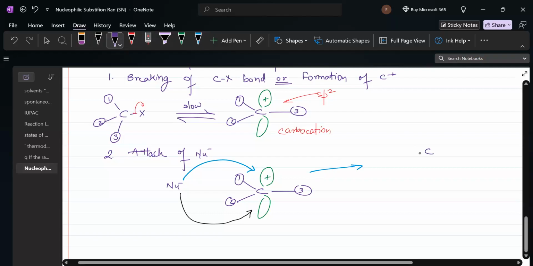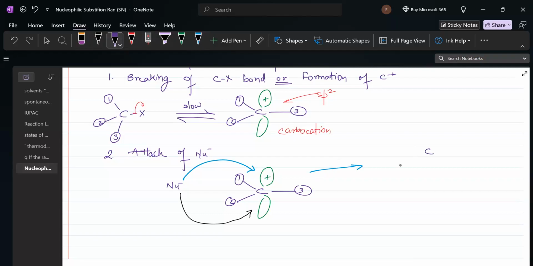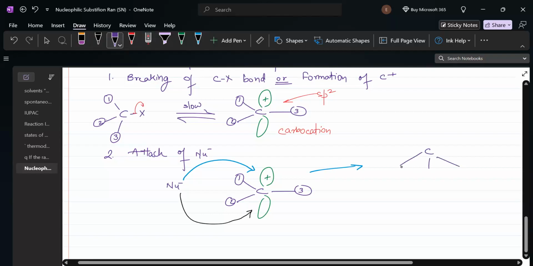So when the nucleophile attacks from the upper side, first, second, third, and the nucleophile will be in this position.